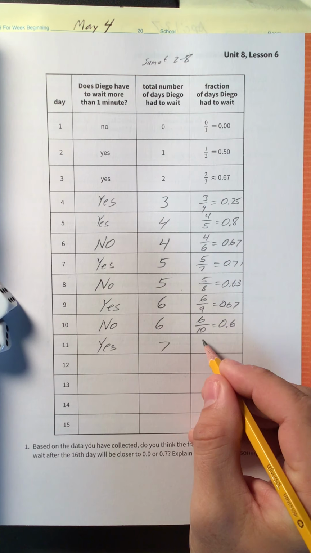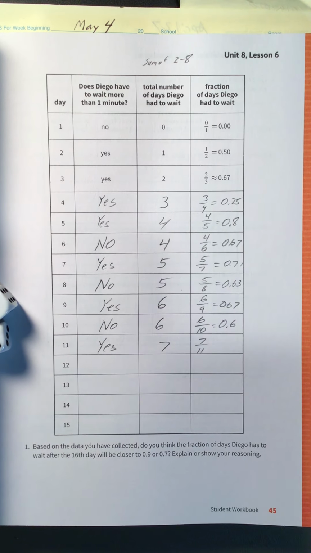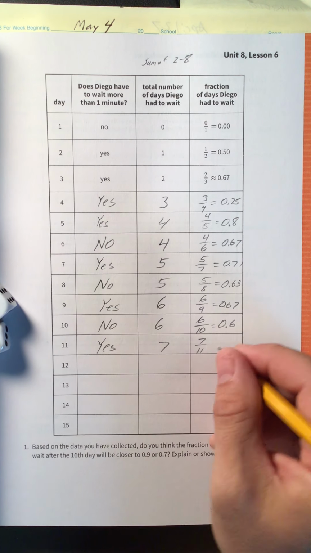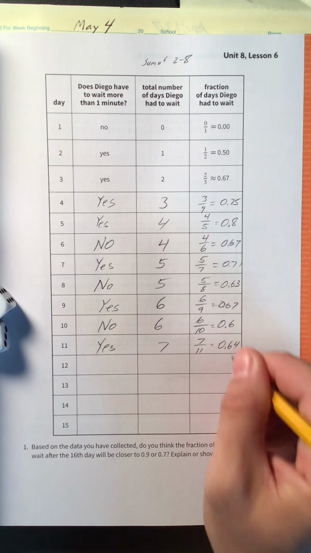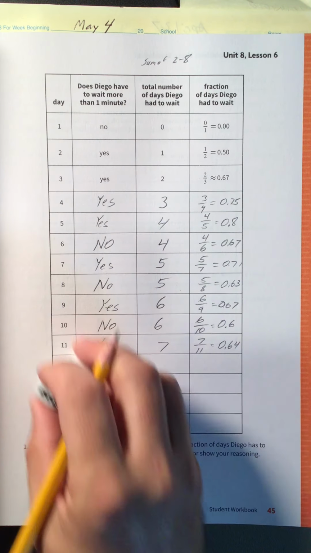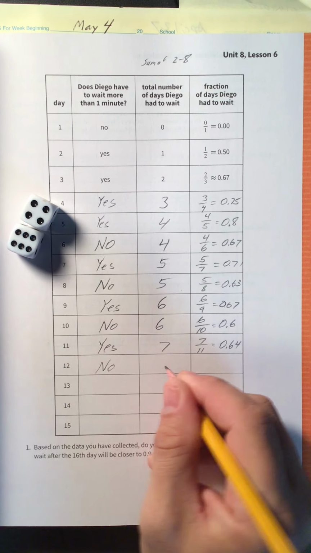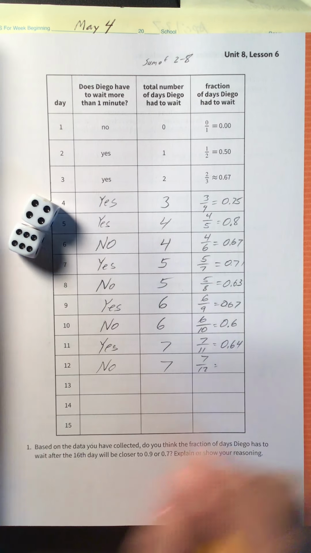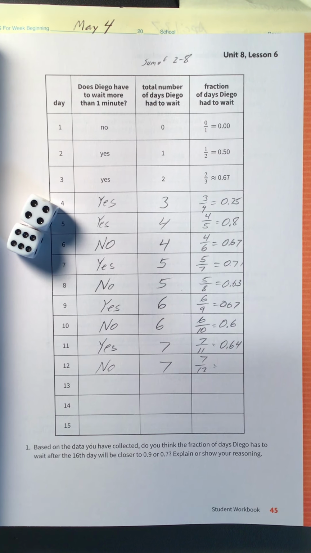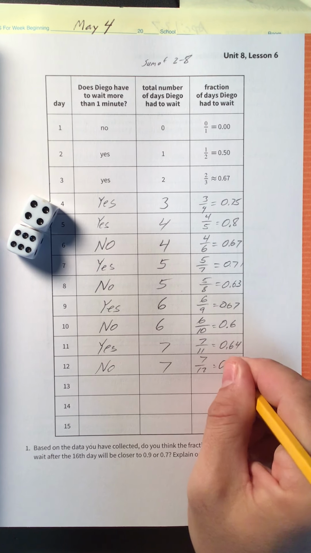Yes, has to wait. That's 7 out of 11. That is 0.64. 10 does not have to wait. We're still at 7, 7 out of 12, 0.58.